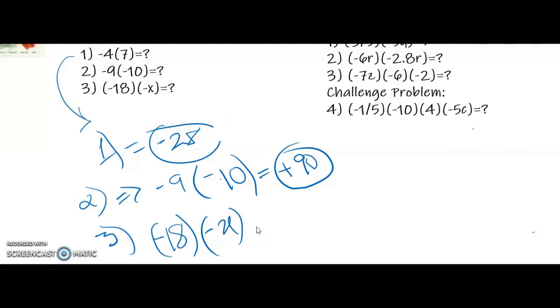But when you add a new variable, it does essentially the same thing as these numbers do, but instead of having a number that you're multiplying, you have a letter. So it'd be negative 1 times negative 1, we know is a positive 1, and then 18 times x, which would be just 18x. So your answer would be 18x.